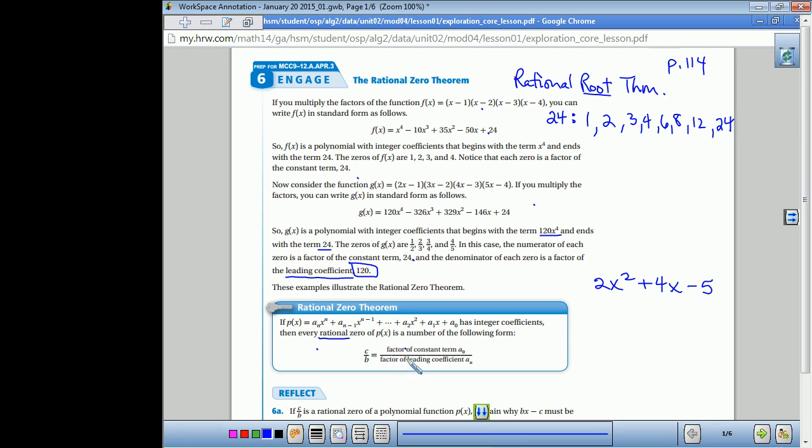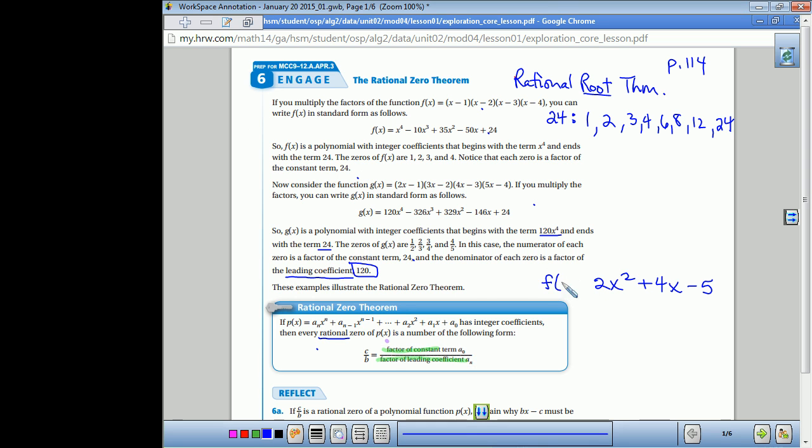Now the list may have extras that aren't zeros, but all the possible rational zeros come from that list. So, it's a factor of the constant over a factor of the leading coefficient. And if you're taking notes, if you didn't have your notebook today, whoops, looks like I'm marking that out instead of highlighting it. A factor of the constant over a factor of the leading coefficient.